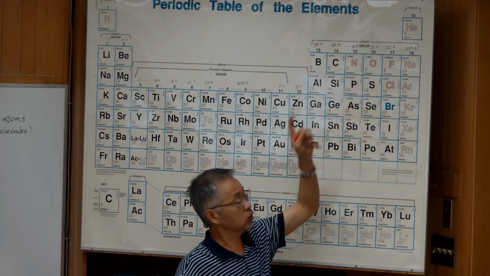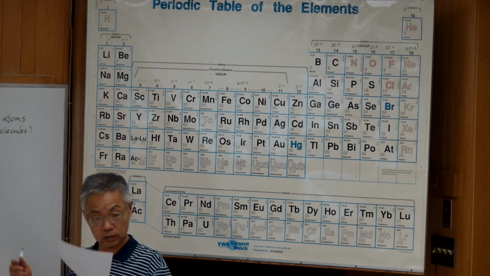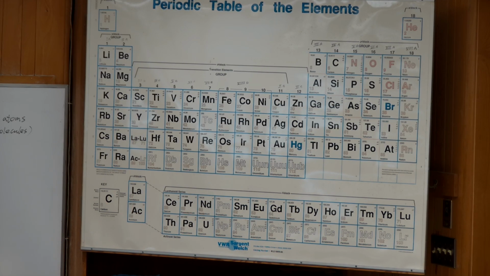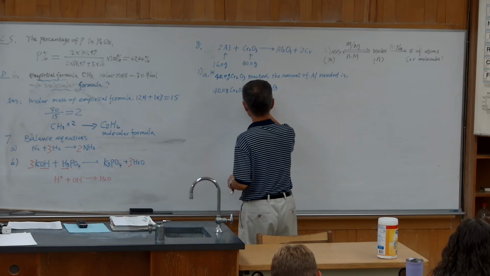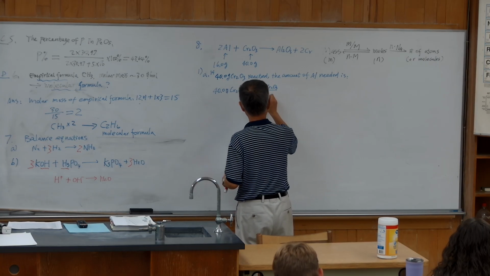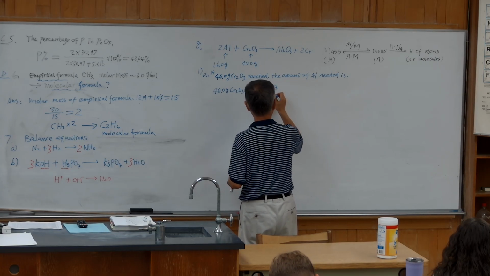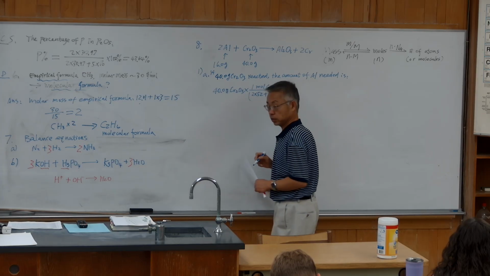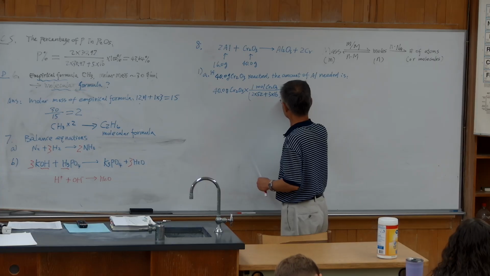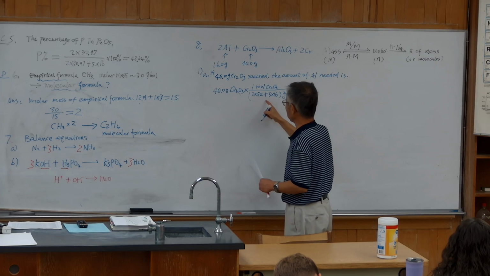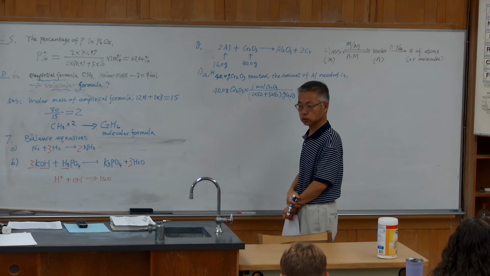O is 15.9994, about 16. So from the periodic table we can easily find the molar mass. Cr is 52, oxygen is 16. Add them together: 2 Cr, 3 oxygen.